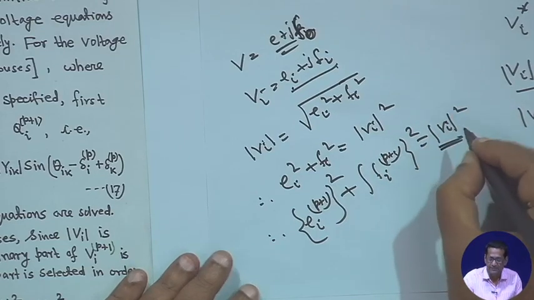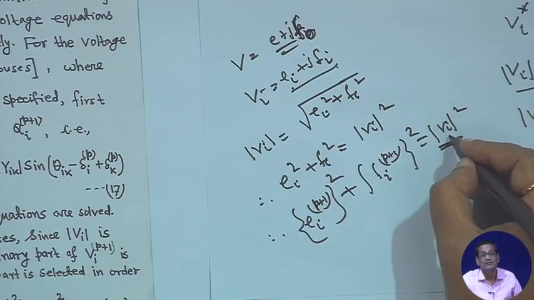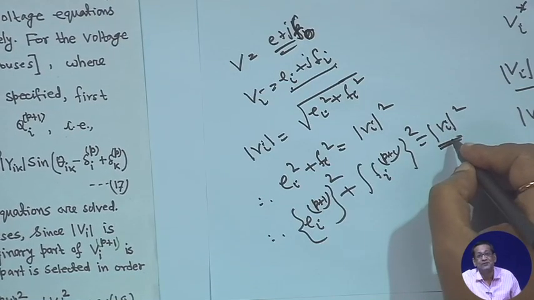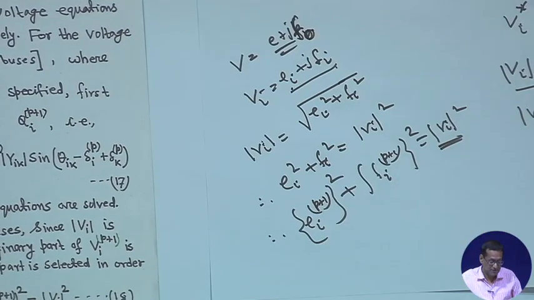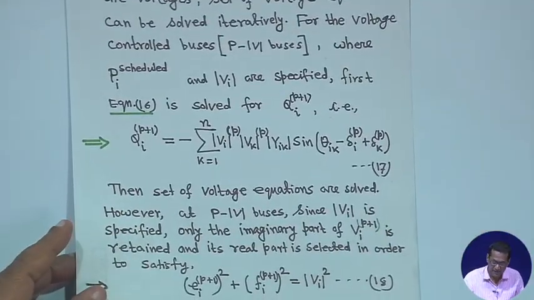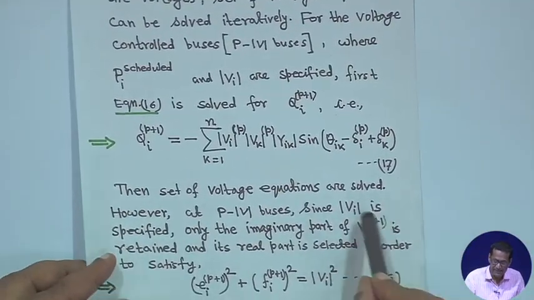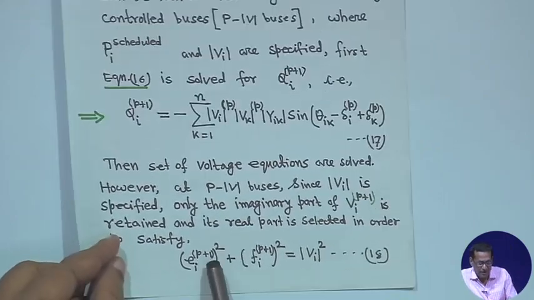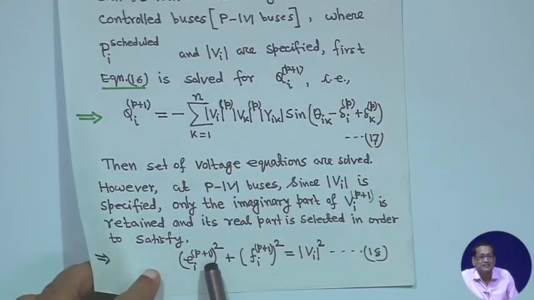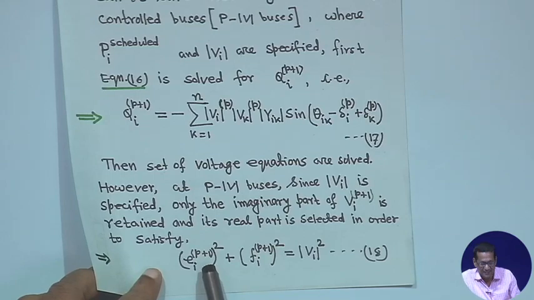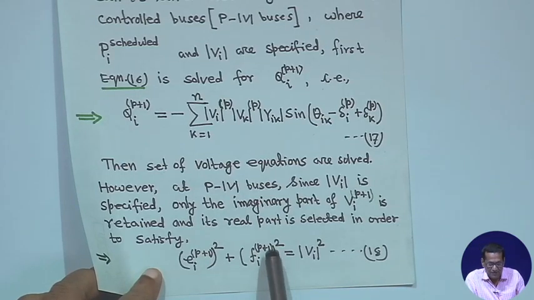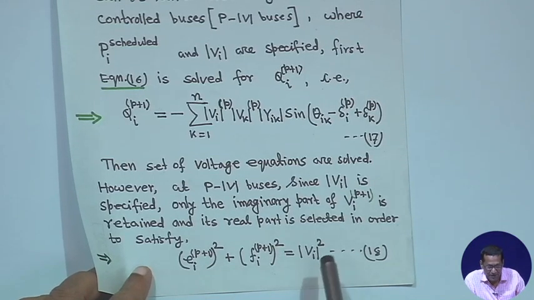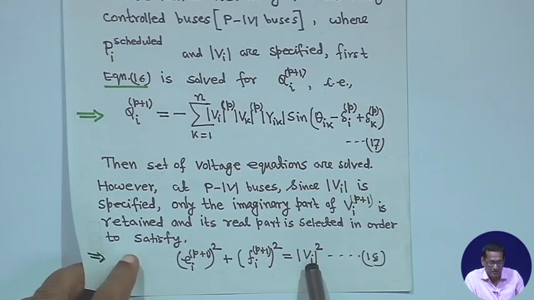But magnitude Vi remains constant. No need to put p here, because for PV buses the voltage magnitude remains constant.